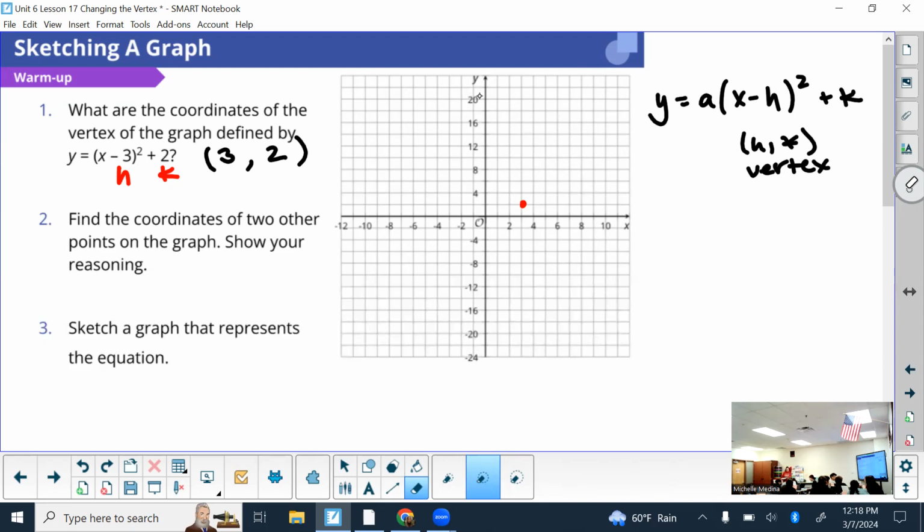So table 4, can you tell me a point that you put is on your line? For number 2, it says find the coordinates of 2 other points on the graph. What's one of the points? (0, 3). We'll see if that's on there in a second. Table 5, what's another point you picked?